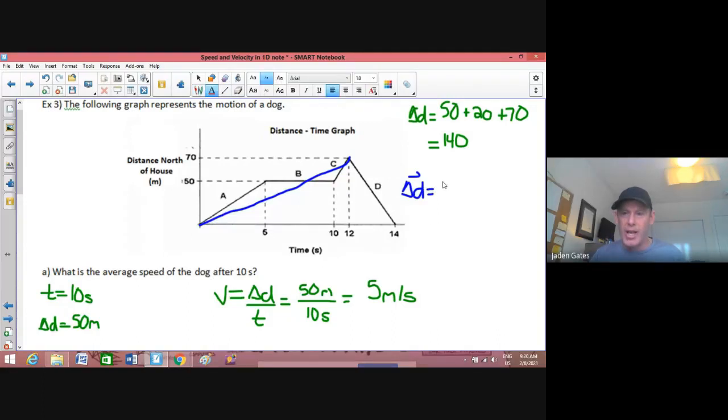So in section A, the dog went 50 meters to the north. Then the second part, B, it didn't go anywhere. So 0. Then C, it went another 20 meters north.